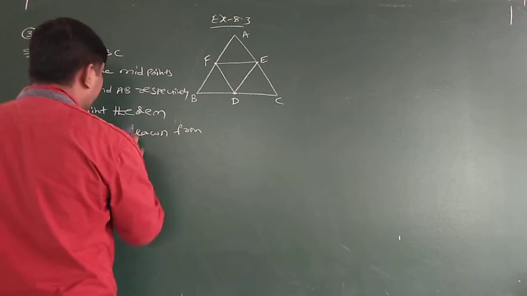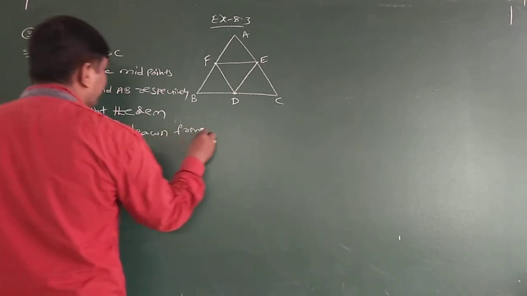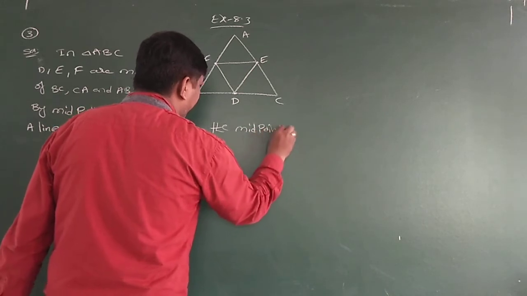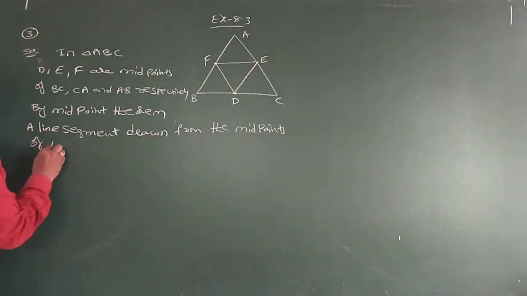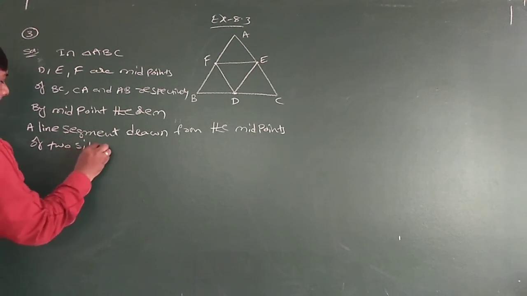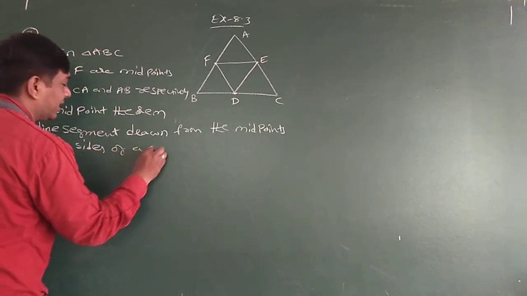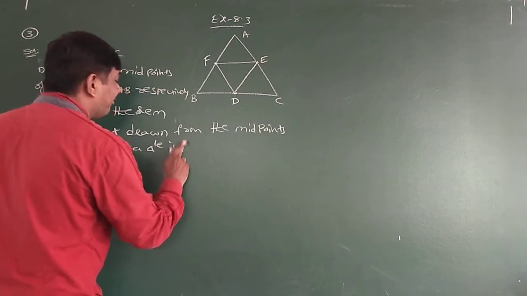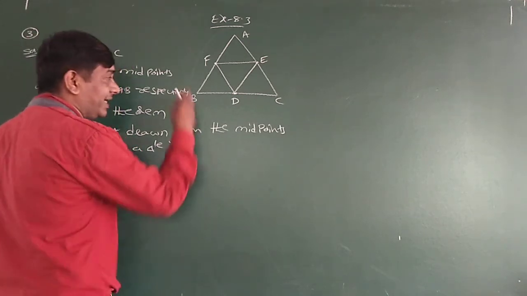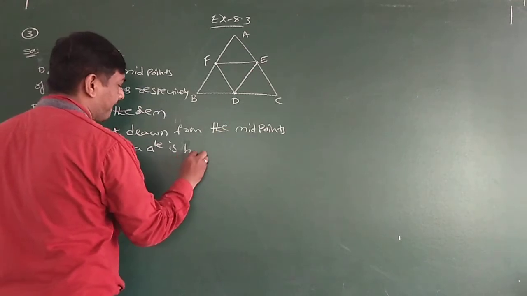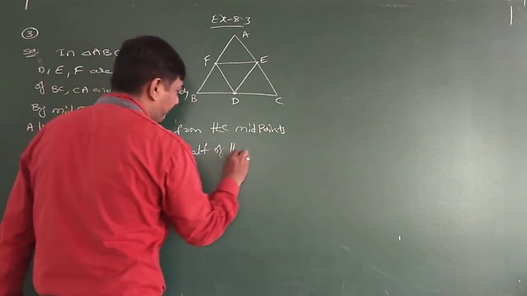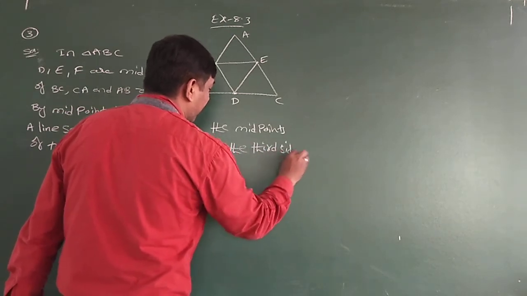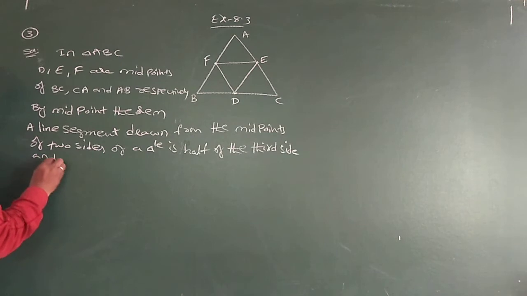A line segment drawn from the midpoints of two sides of a triangle is half of the third side and parallel to the third side.